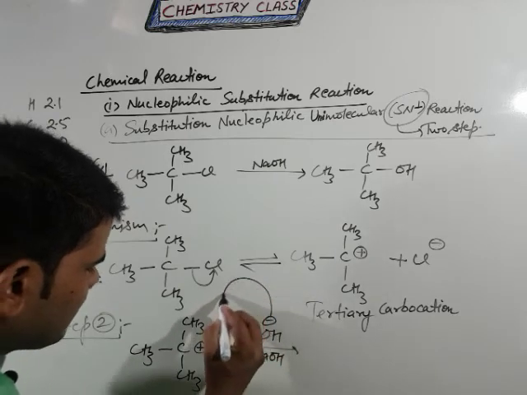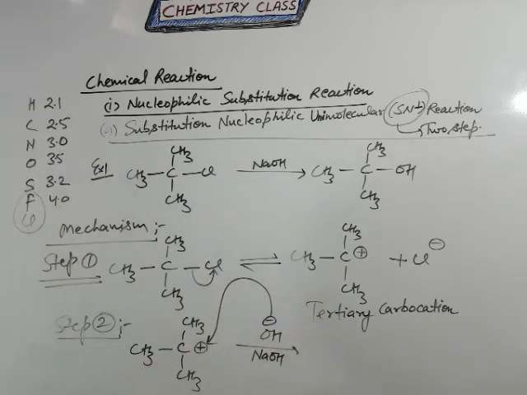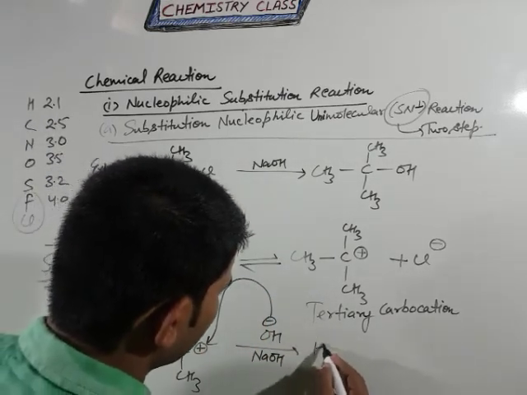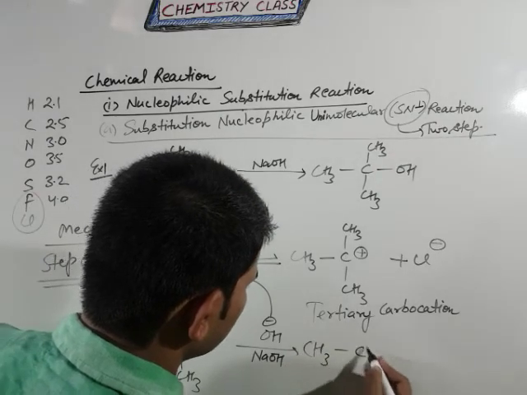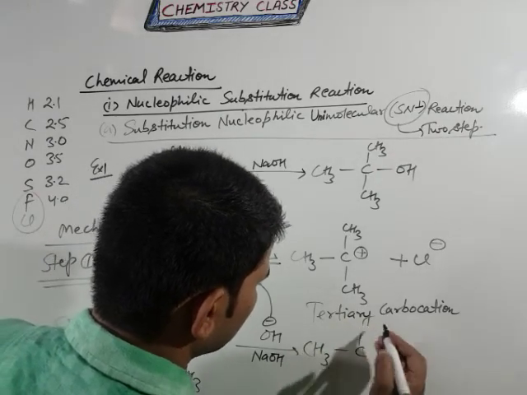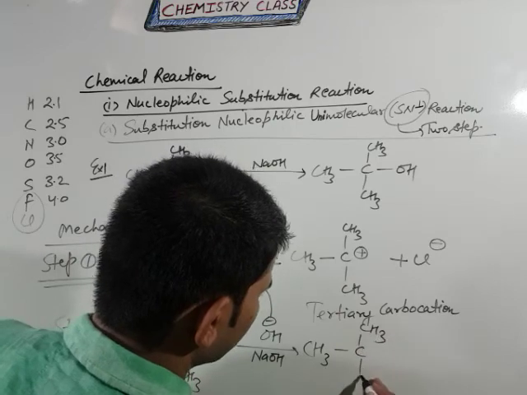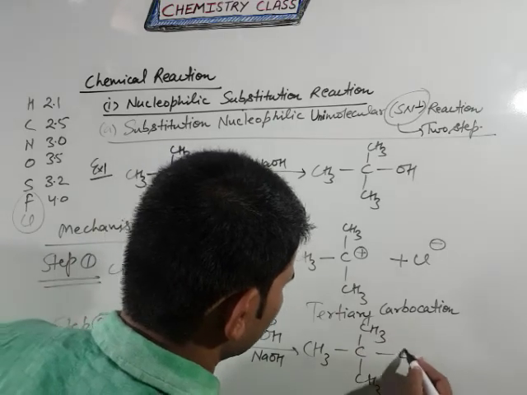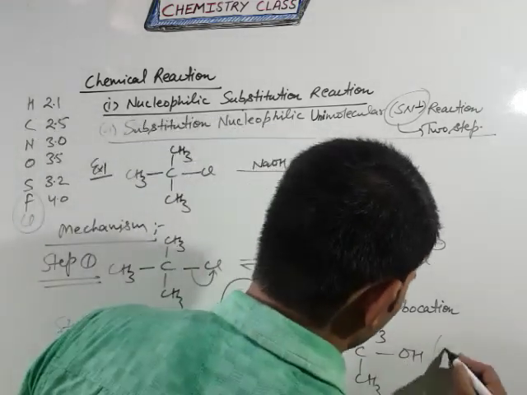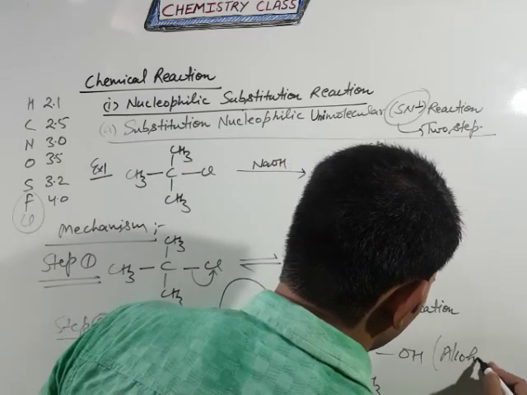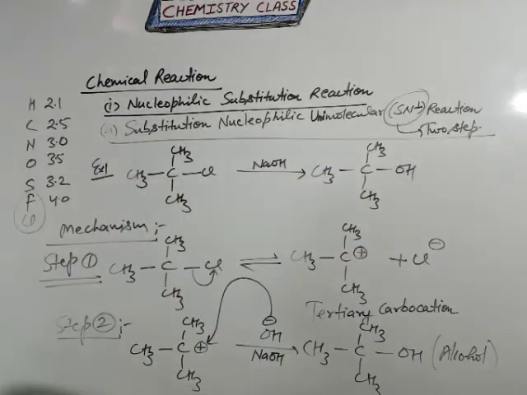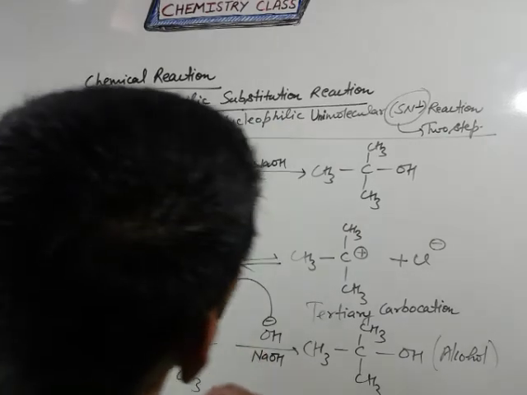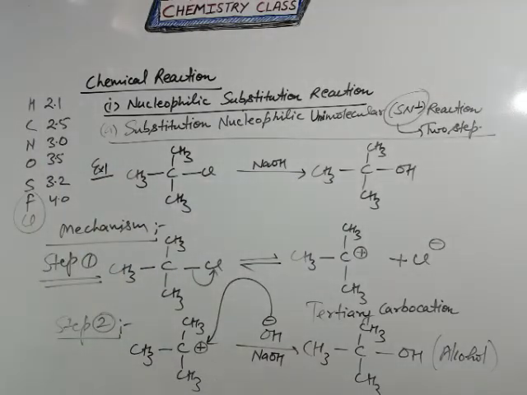The nucleophile easily attacks this carbocation, then it gives the main product CH3 single bond CH3 single bond CH3 single bond OH. The common name is an alcohol derivative. Clear? So that is the mechanism of substitution nucleophilic unimolecular, that means the SN1 reaction.